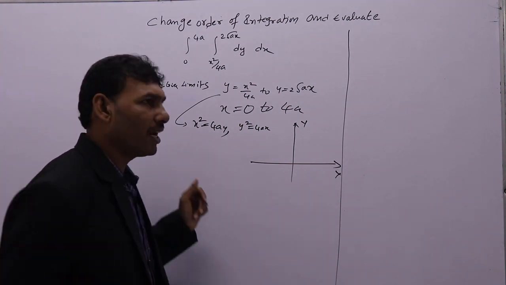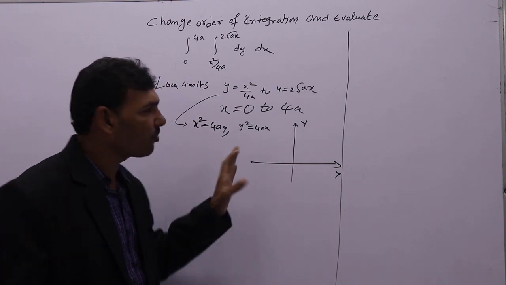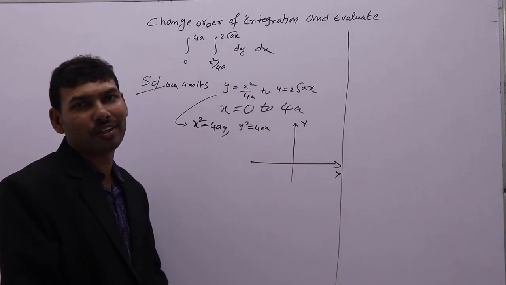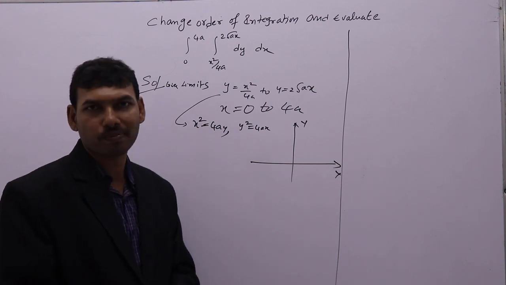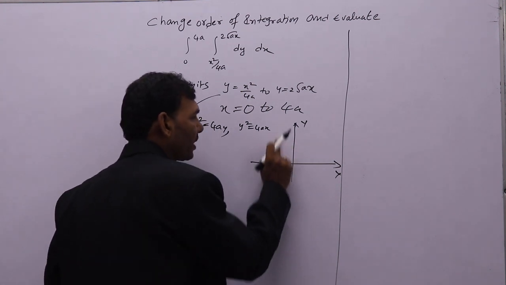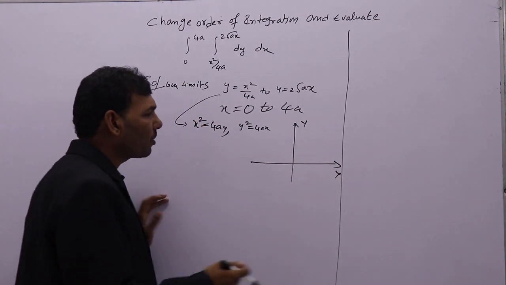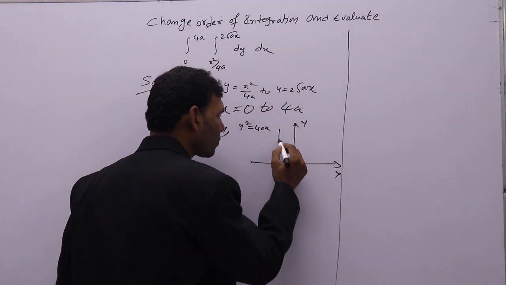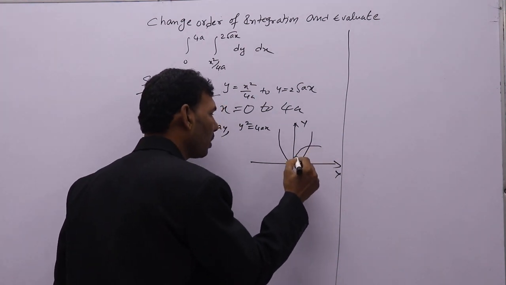You know very well, if x has an even power, the curve is symmetric about the y-axis. These two are parabolas. Parabola means you will have it like this. So you need to identify these two figures. This is a parabola. This is another parabola.